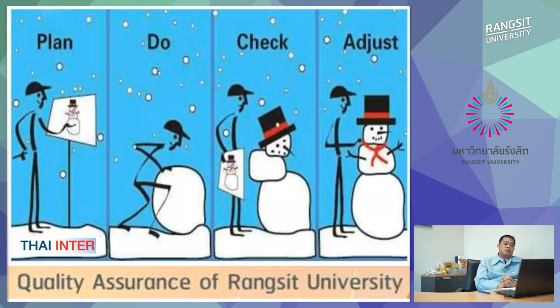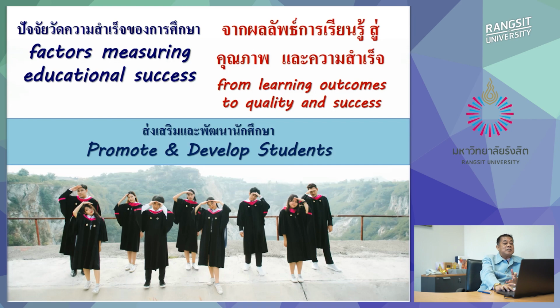After that, you go out of the house to find a bulk of snow and do it according to the paper plan. After that, you check if it's according to what you have planned. If yes, it's finished. If it's not according to what you want, you adjust it and act on it again. This is the PDCA.